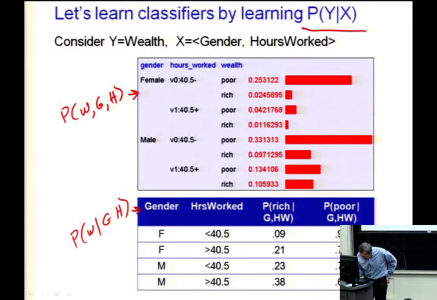So somebody tell me, let's just look at this first one. So that purports to give us the probability of being rich given that the gender is female and the number of hours worked is less than 40 and a half. Then it says the probability is 0.09. How can I get that from this joint table at the top?